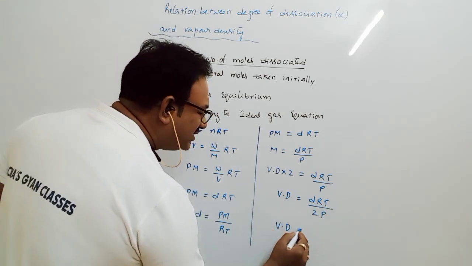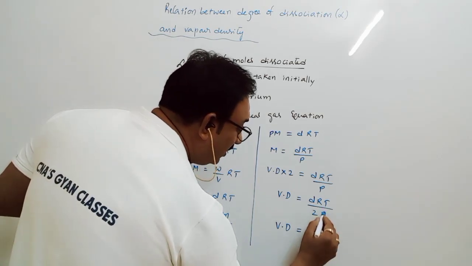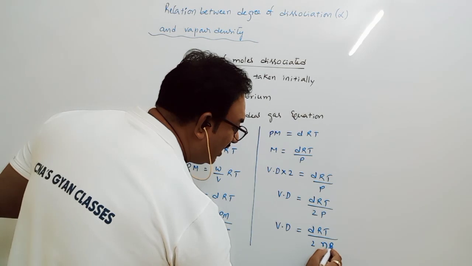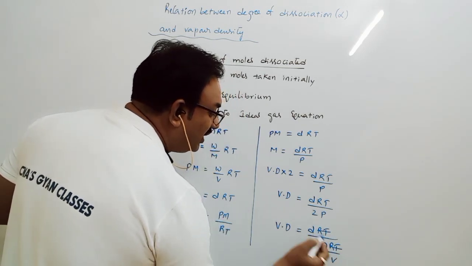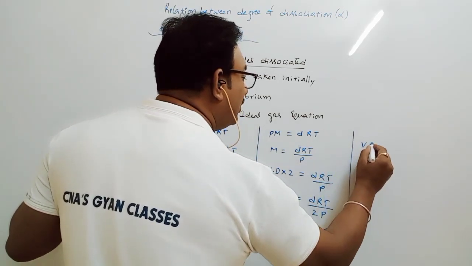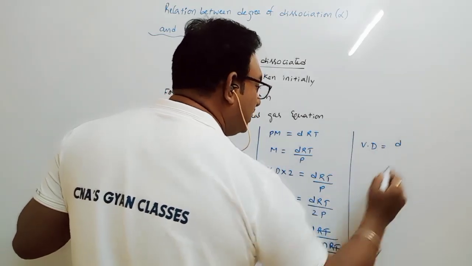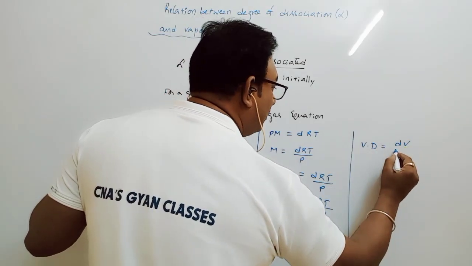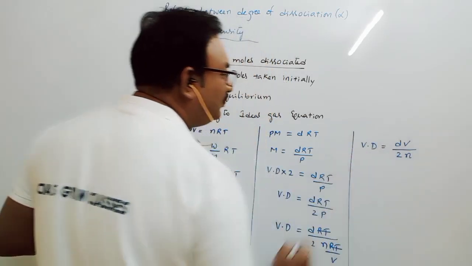Again, vapor density is equal to dRT by 2P. Instead of P, you can write nRT by V. So RT gets cancelled. So finally what you are getting is vapor density is equal to density into volume by 2 into n.